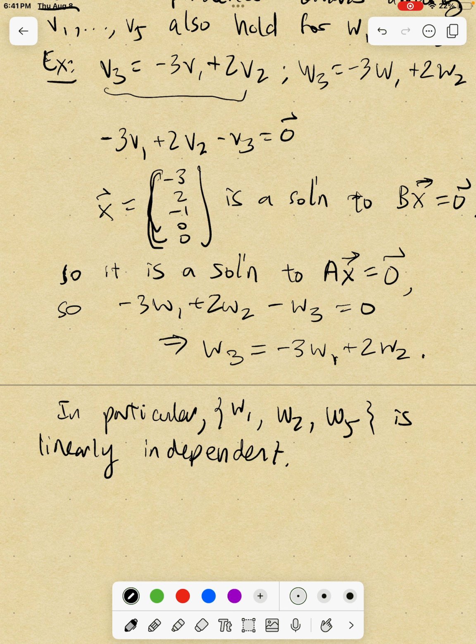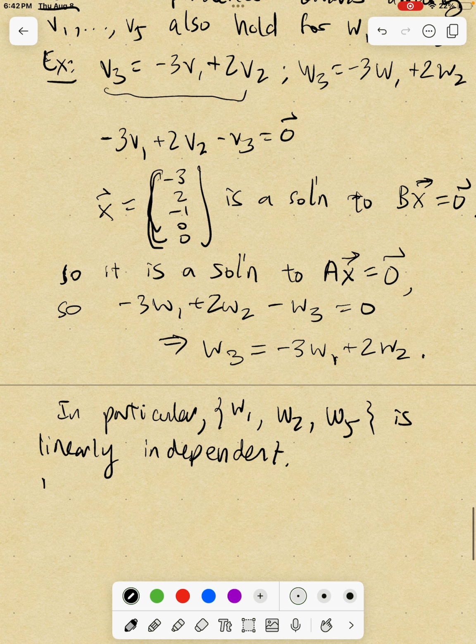There's no non-trivial combination of these that produces the zero vector, because if there were, then there would be a non-trivial combination of V1, V2, and V5 that gives the zero vector.